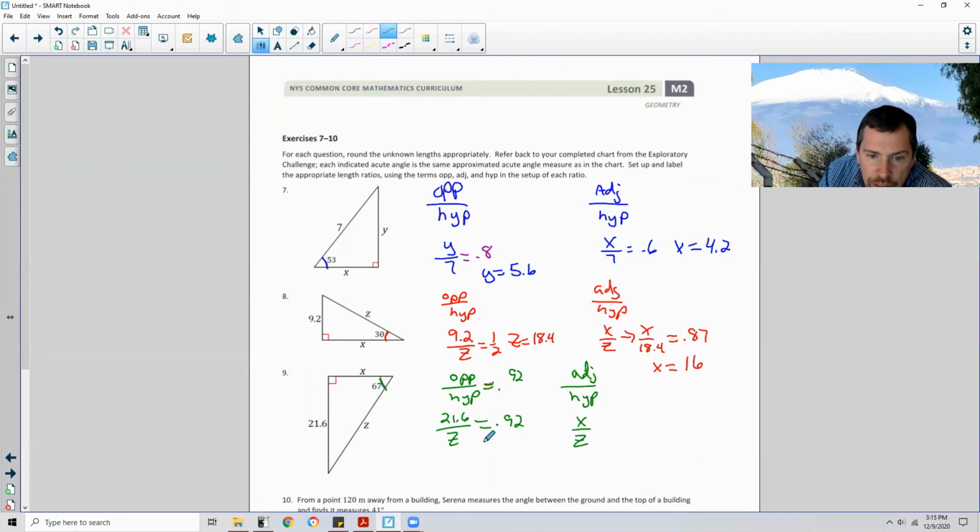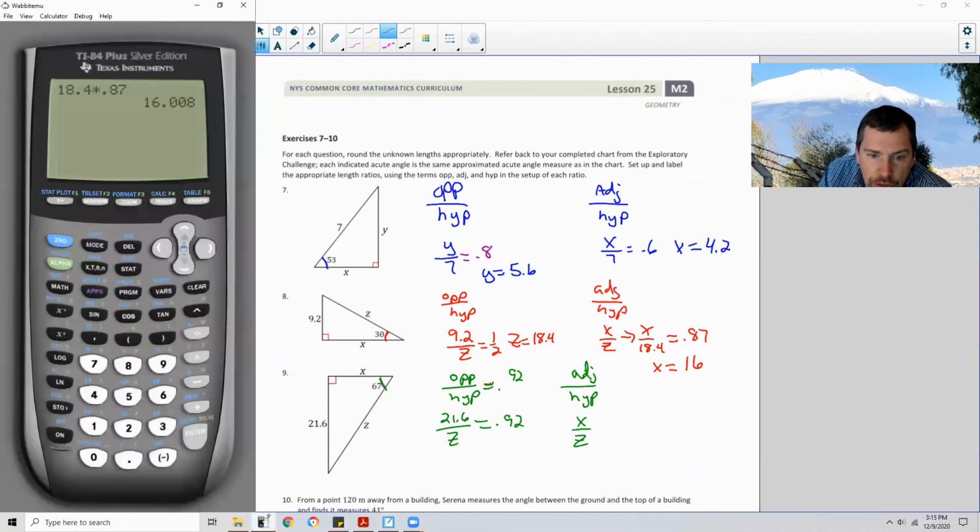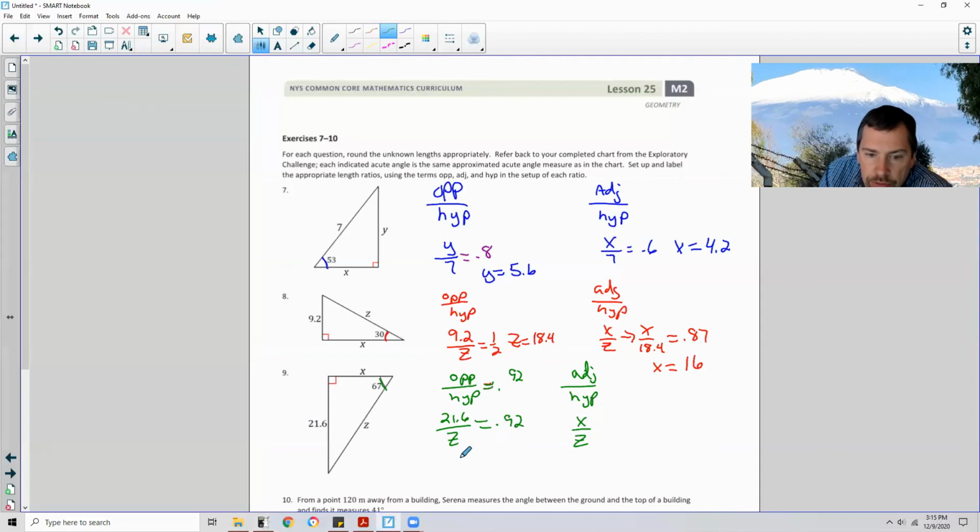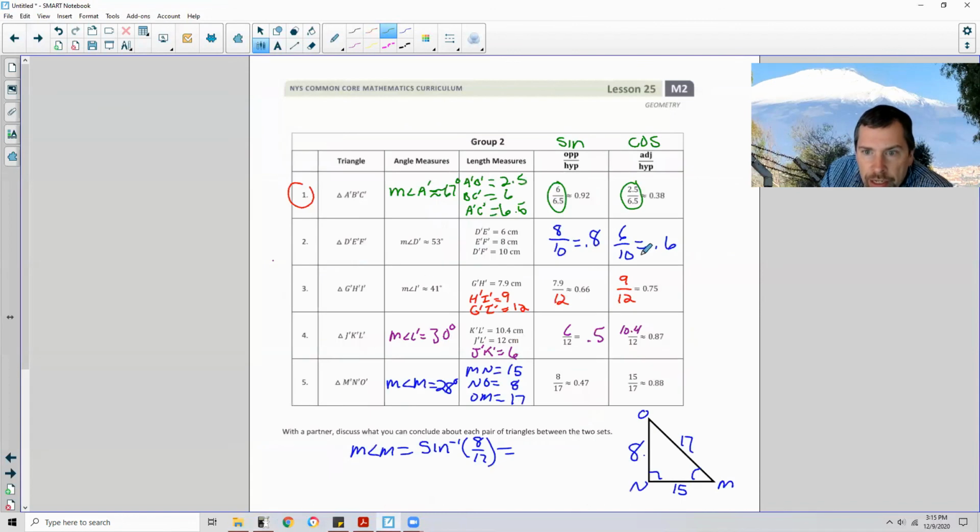So z is going to equal 21.6 divided by 0.92, and I get 23.48 for z. I shouldn't be using equal signs. They are approximations. So then when I do the adjacent over hypotenuse, I go back here and the adjacent over hypotenuse was 0.38.